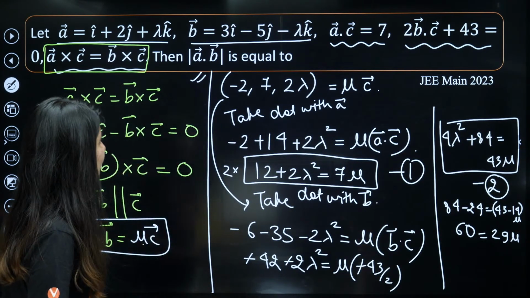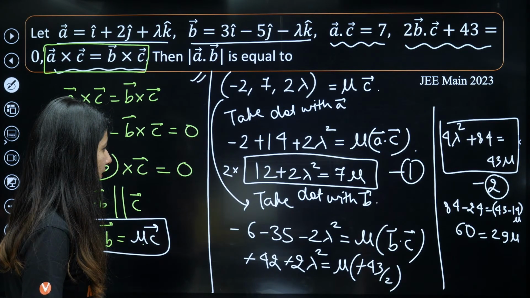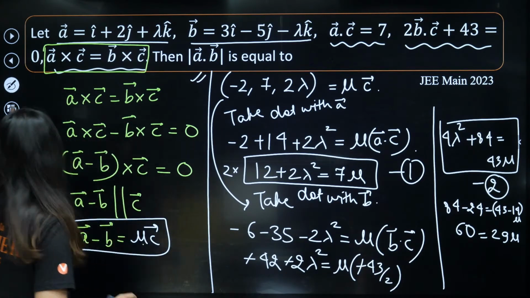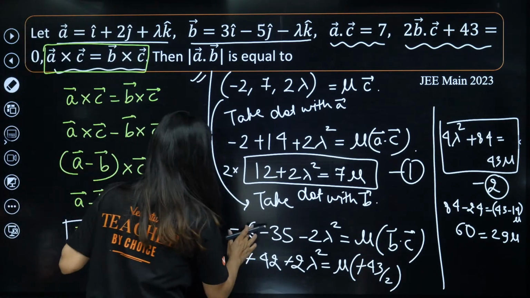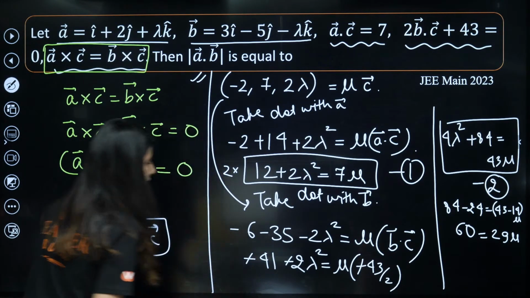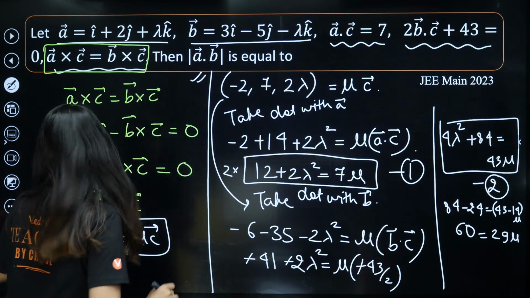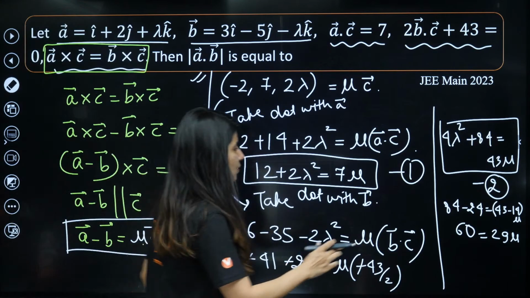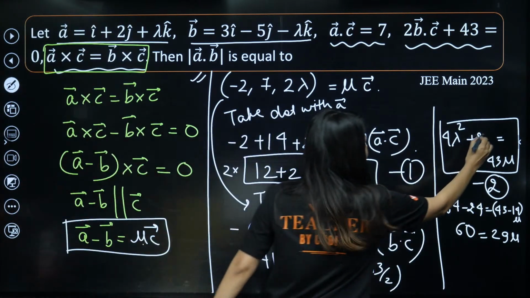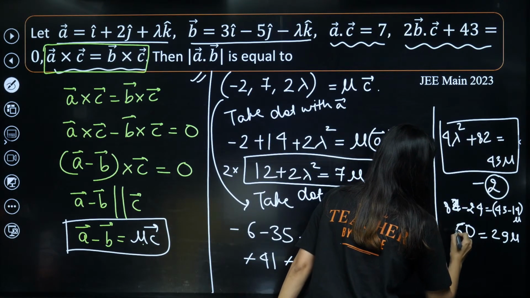You are saying minus 41? Where minus 41? Okay, sorry. 41 would be what? 82. Okay, so this would be 82. Thank you. 82 minus 24 would be 58.